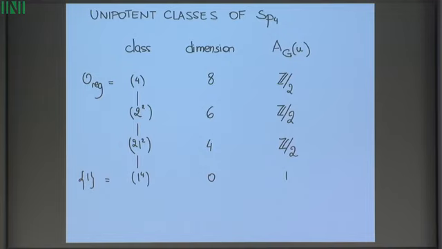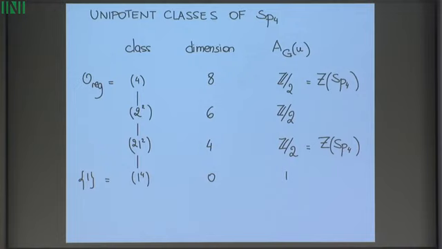So here I should emphasize that there's actually only one Z over 2 that's really relevant for what we're going to do, because the one for the regular class and the one for the class of dimension 4 actually come just from the center. So if I was working with the group with connected center or trivial center, these will not occur. But the Z over 2 is an actual Z over 2 for the class of dimension 6. This one will play a role in the classification of unipotent characters.